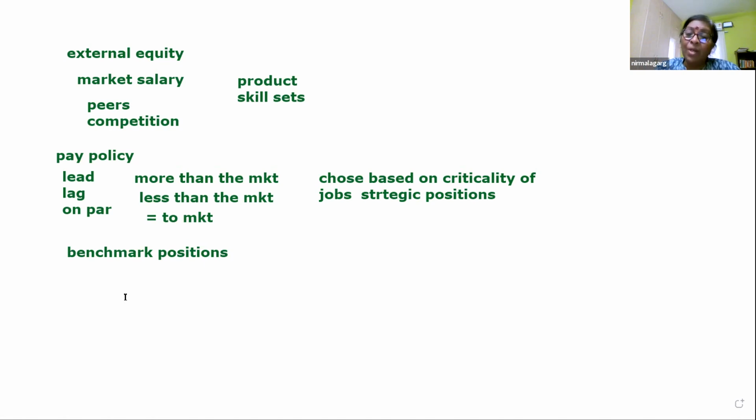But if I compare him with some other kind of industry and another size, obviously it won't match. But sometimes your organization may also have unique positions. They can't be compared. So in a market survey, typically you use benchmarked positions. Okay, guys? So this is the little funda you need before we carry on with something else, which I want to show you now.